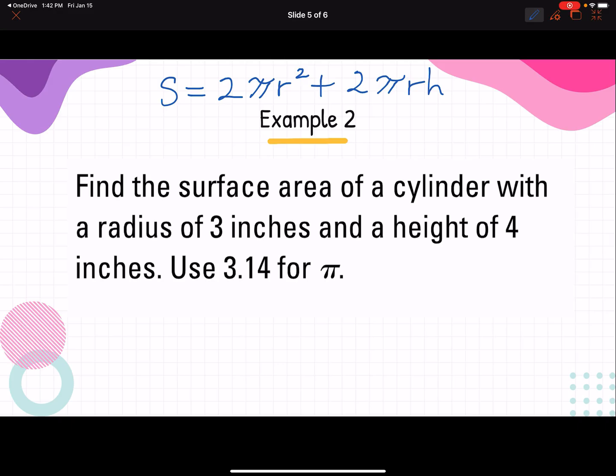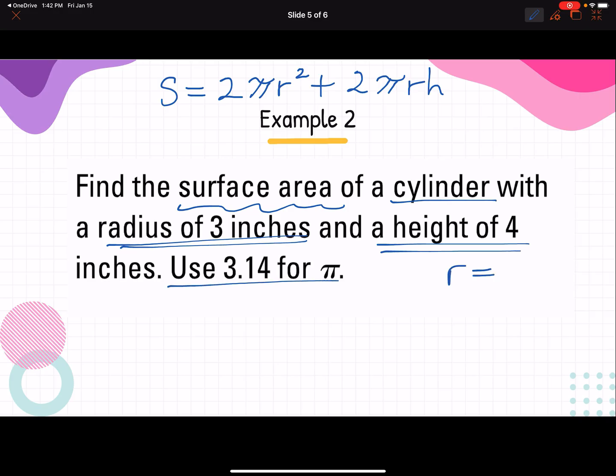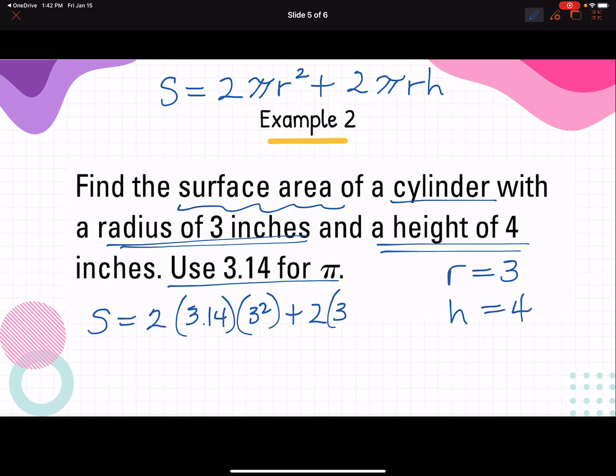Example 2 says find the surface area of a cylinder with a radius of 3 inches and a height of 4 inches. Use 3.14 for pi. So we have a radius of 3, a height of 4. So we're going to put that into our formula. S equals 2 parentheses 3.14 parentheses 3 squared plus 2 parentheses 3.14 parentheses 3 parentheses 4.